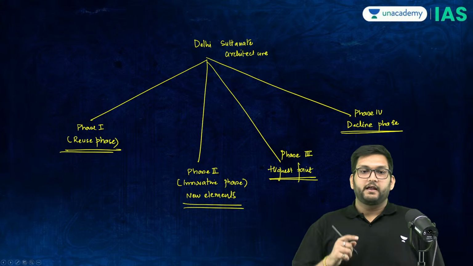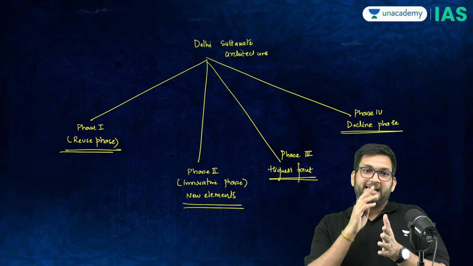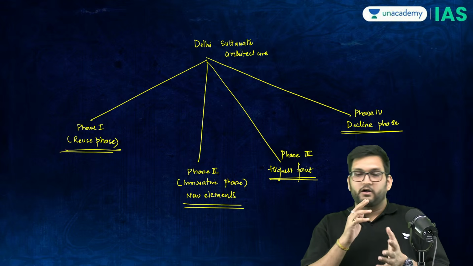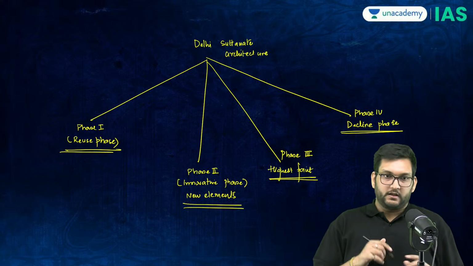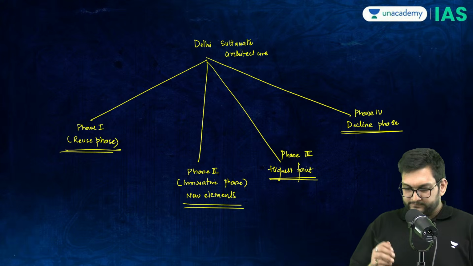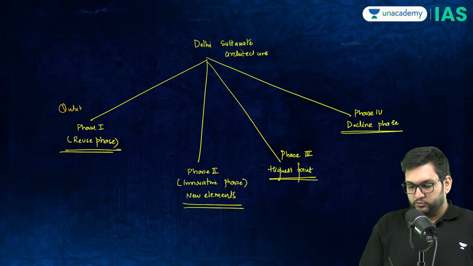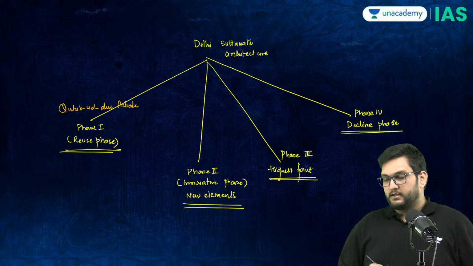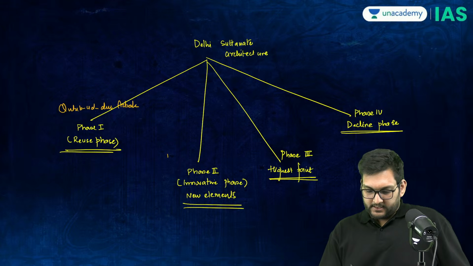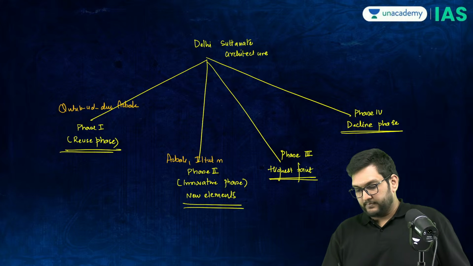Now, within this concept, we need to know where the timeline fits in. When we talk about phase 1, this is Qutubuddin Aibak. Phase 2 is Aibak, Iltutmish till Alauddin Khilji.